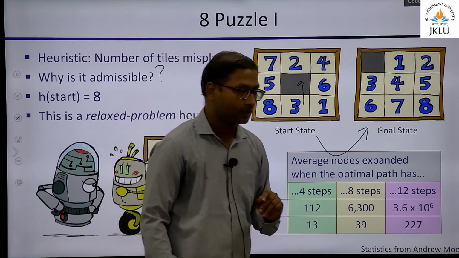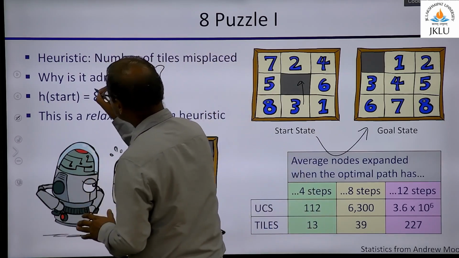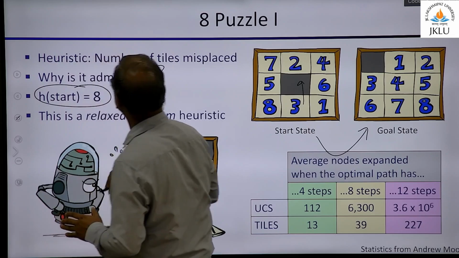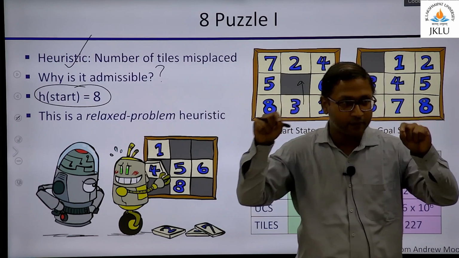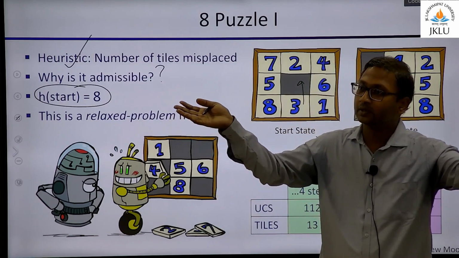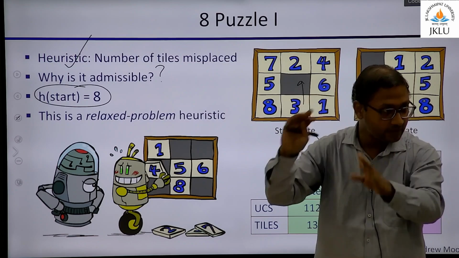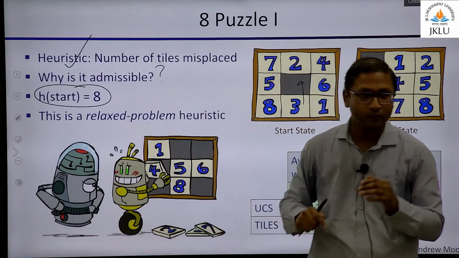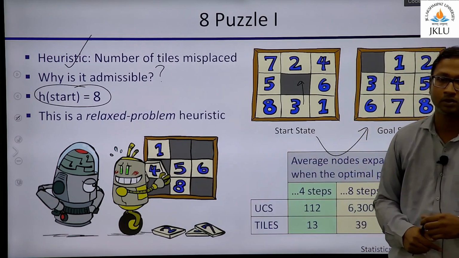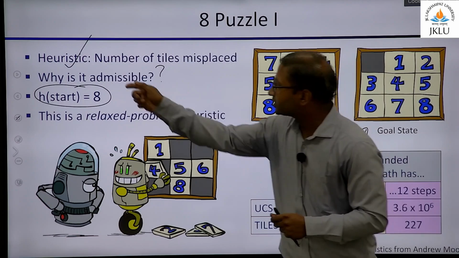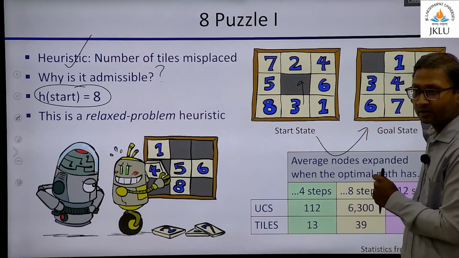No. So how can we say that this is a relaxed version of the original problem? For a heuristic to be admissible, it must be a relaxed version of the same problem. So in this case, how can you say it is the relaxed version? Look at this cartoon. You can just remove the tile and put it in its place.